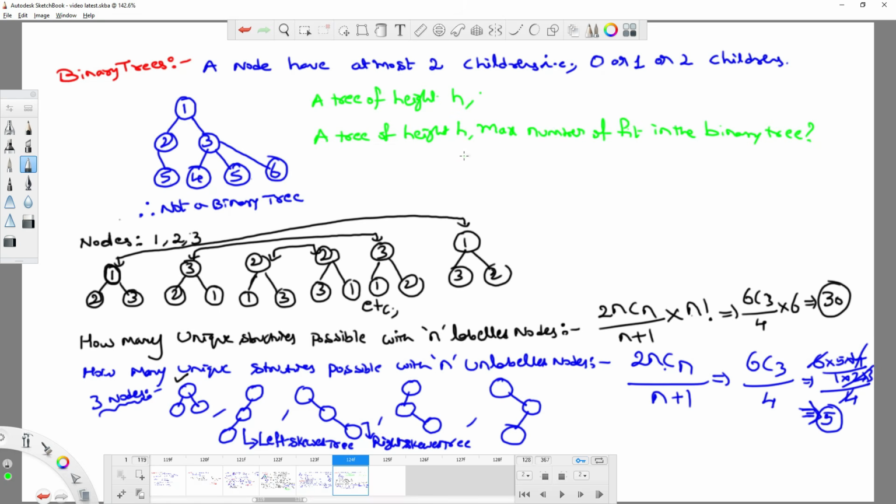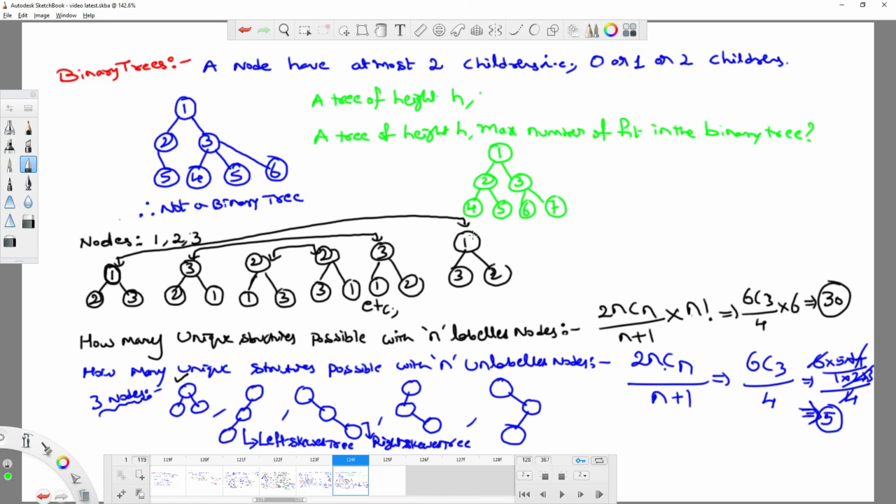For example, a tree of height 1. For height 0, how many number of nodes are you going to fit? Only 1. Height 0, only 1. For height 1, how many number of maximum nodes fit? 3. For a tree of height 2, maximum how many nodes is able to fit? 7.